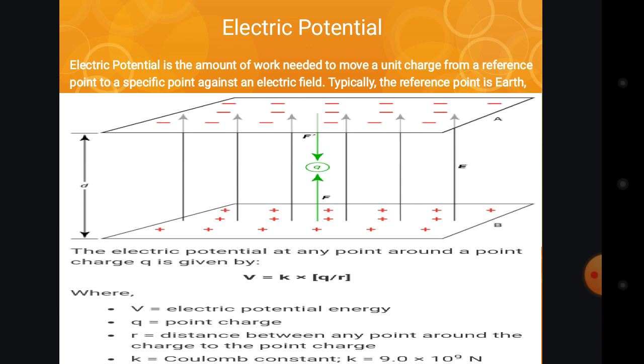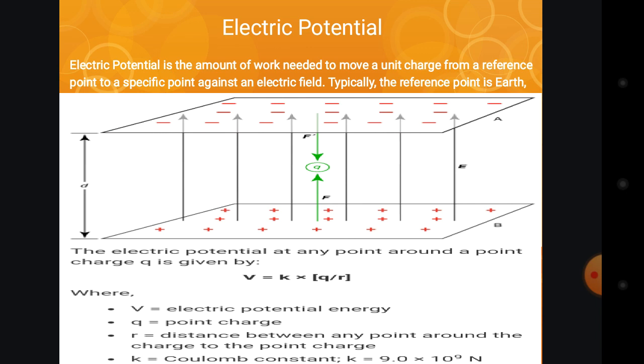But the amount of work that you need to move that unit charge from a reference point to a specific point, normally the earth, is against the electric field. So the amount of work needed is the amount of work needed to move a unit charge from a reference point to a specific point against an electric field.